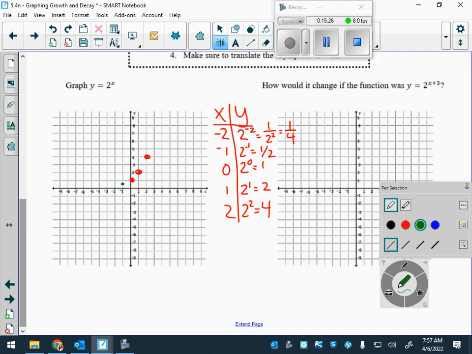So this is what the function looks like. And keep in mind, it does not cross that x-axis.